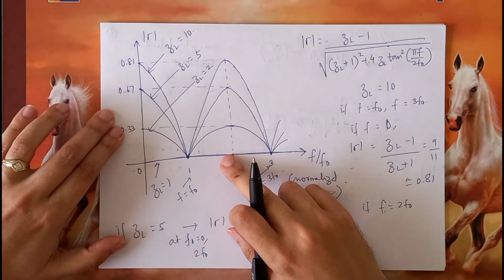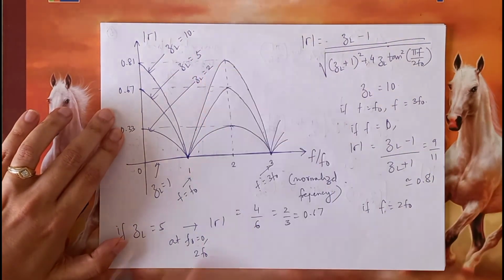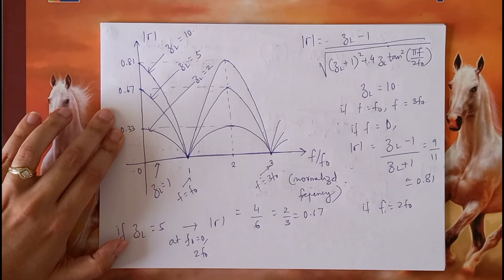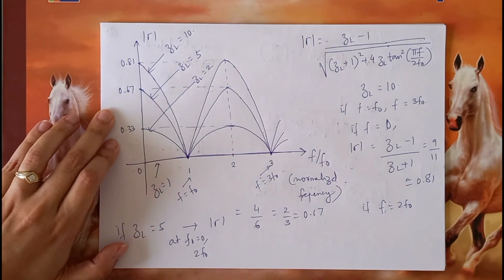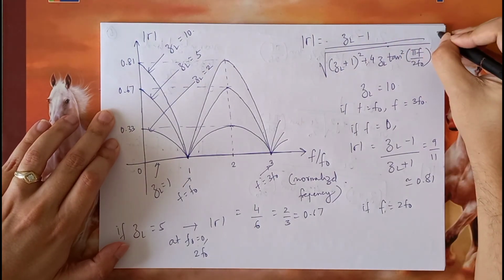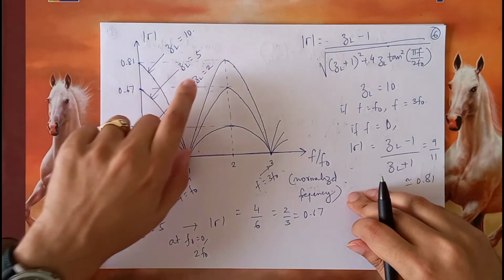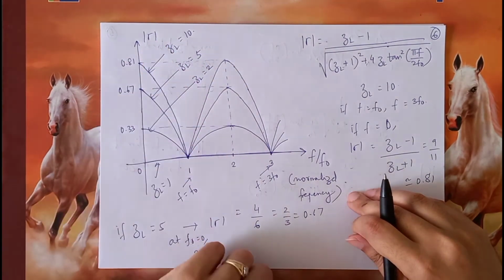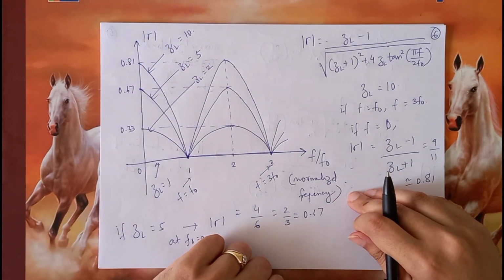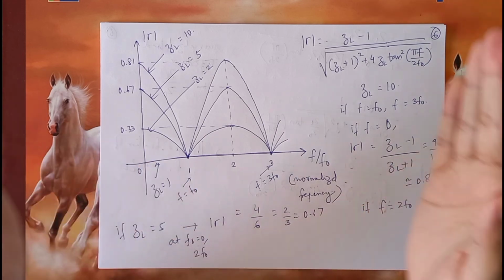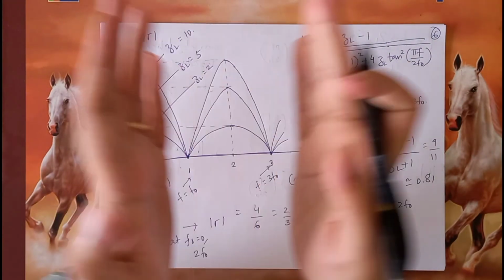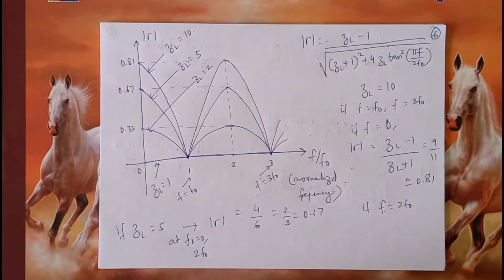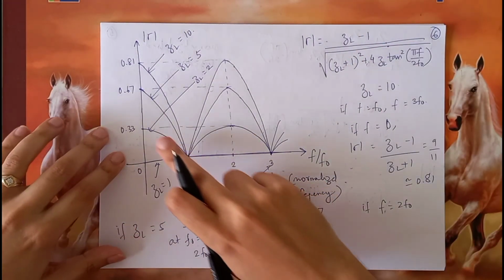Further, if the value of the normalized load impedance decreases, then the maximum value of mod gamma also decreases. What this means is, if the normalized load impedance decreases, it actually means that the characteristic impedance of the line and the load impedance are close to each other.